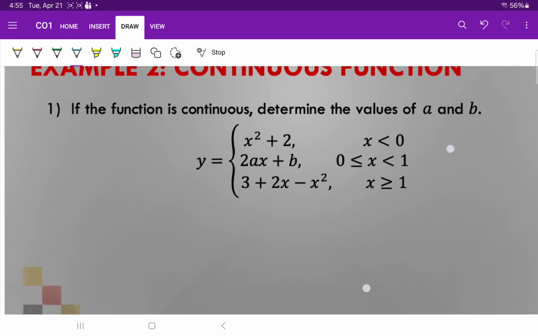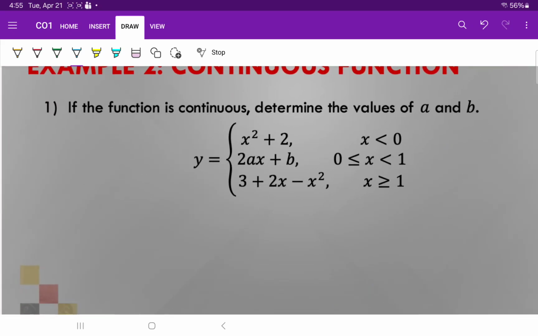You're given the function y, whose rule is x squared plus 2, it's also ax plus b, and this one on different intervals, or on different values of x. Okay, now the question here is for you to determine the values of a and b, with the function being continuous.